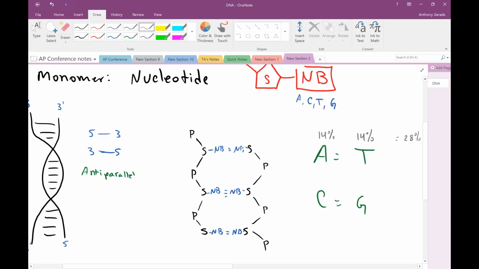Meaning 100 minus 28 is going to be 72. Meaning C plus G has to equal 72. So then I would divide that because they equal each other, meaning C is going to be 36% and G is going to be 36%. Because collectively, all of this now adds up together. 14 plus 14 plus 36 plus 36 equals 100.